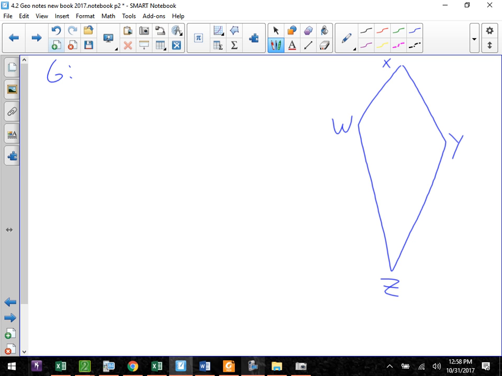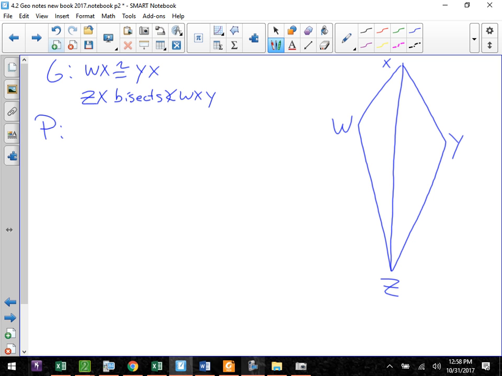Looks fine. It's a kite. So we have not done an angle bisector yet.